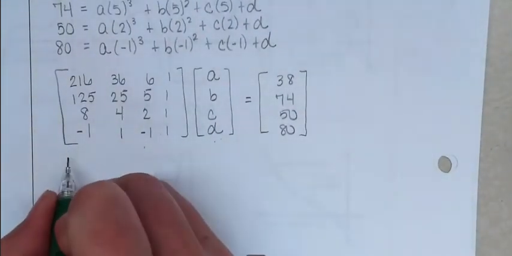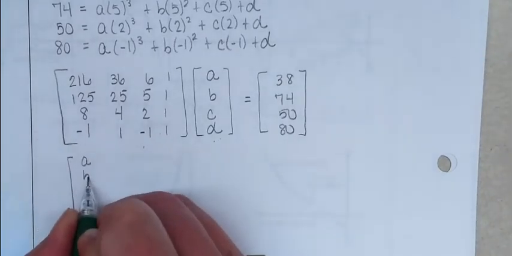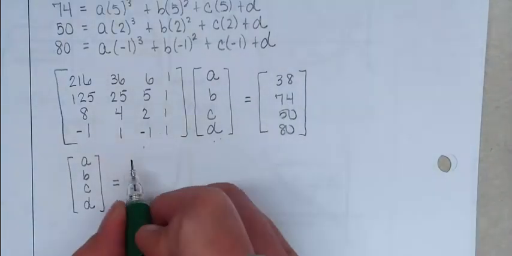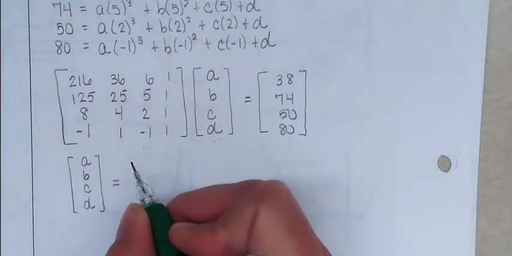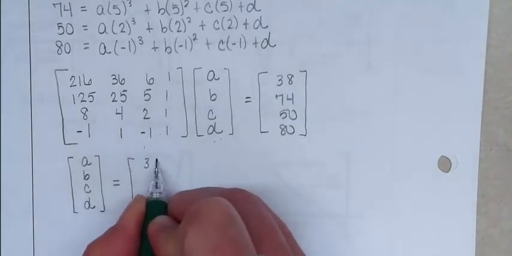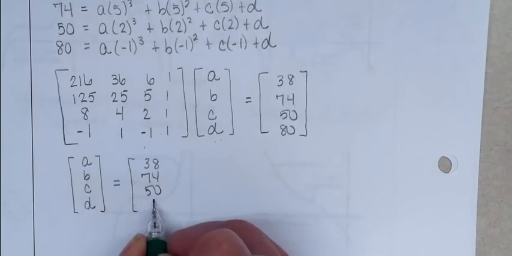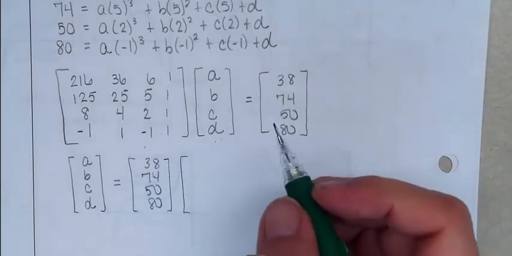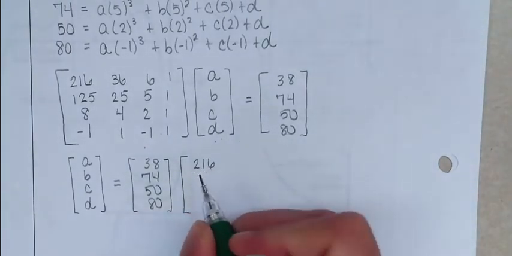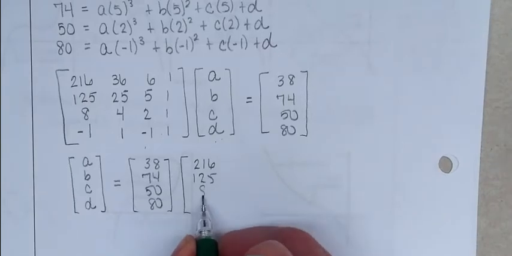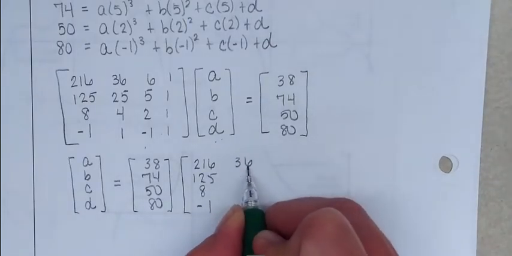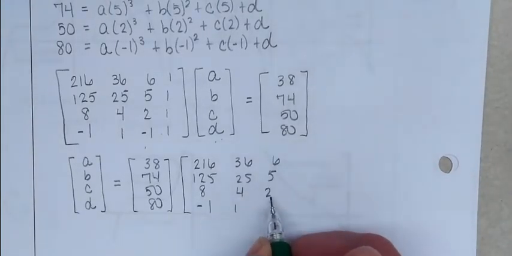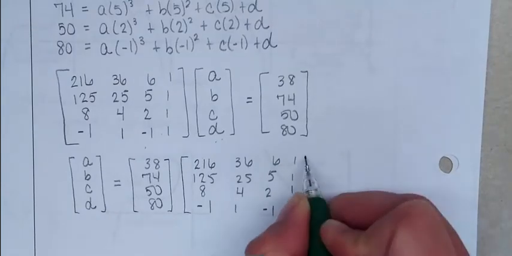So basically, I know then that A, B, C, and D will equal this matrix times the inverse matrix. The inverse of that.